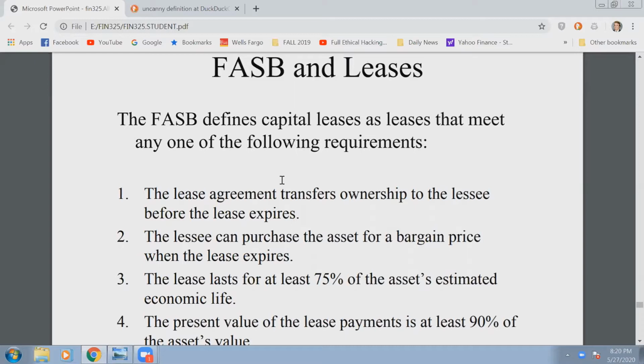In any case, some leases, when you pay off the loan completely, you can actually retain ownership of the asset. And that kind of leads into the second point here. The lessee can purchase the asset for a bargain price when the lease expires. So essentially, giving the lessee the option to actually purchase this asset when they're finished with the lease.